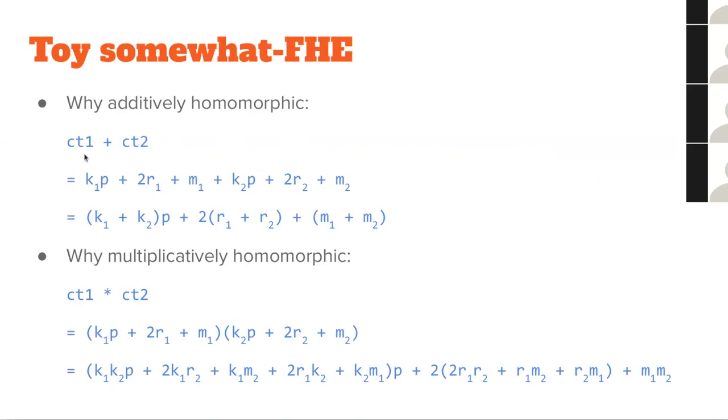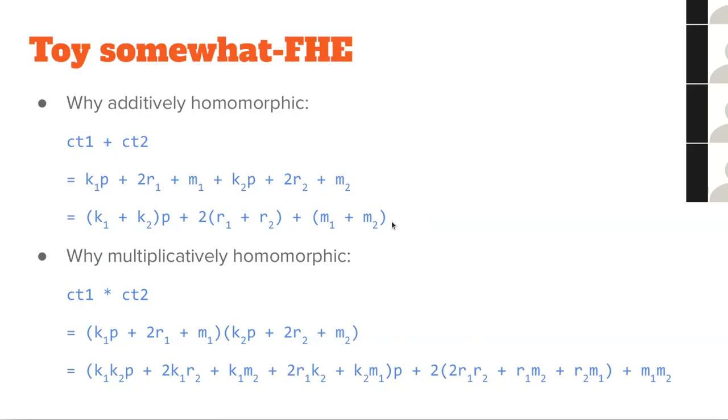So CT1 plus CT2 actually is a ciphertext in the correct format, because you have a multiple of p, that is k1 plus k2. Then you have your noise, and the even part of the noise also adds up. So you have 2r1 and 2r2 over here, and then it's just 2 times r1 plus r2. And then your messages add up, right? So m1 and m2, basically you have m1 plus m2 over here.